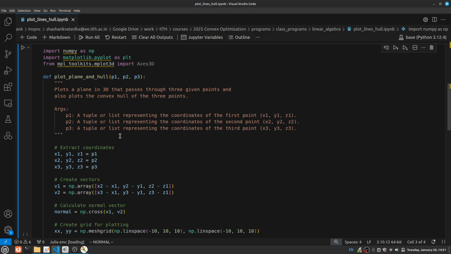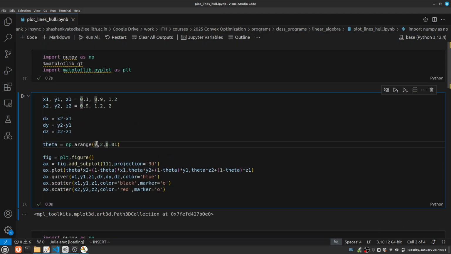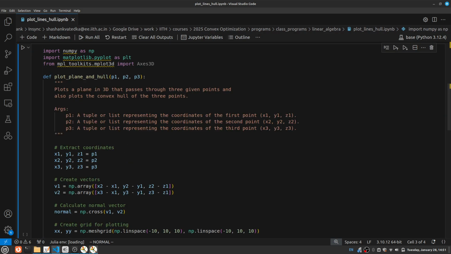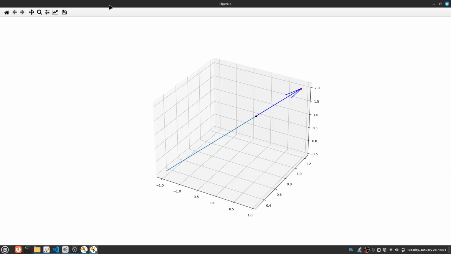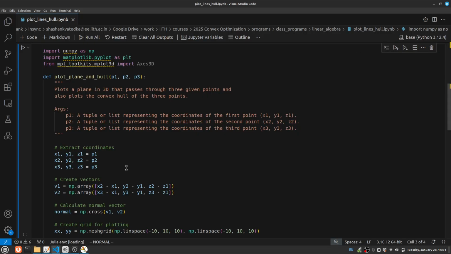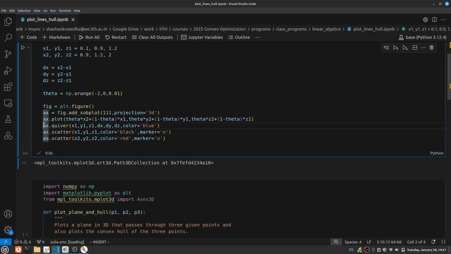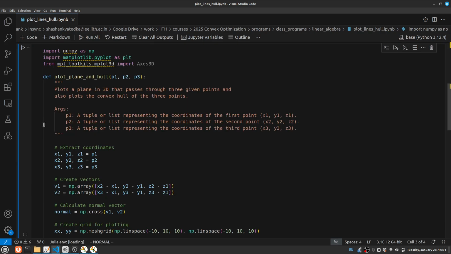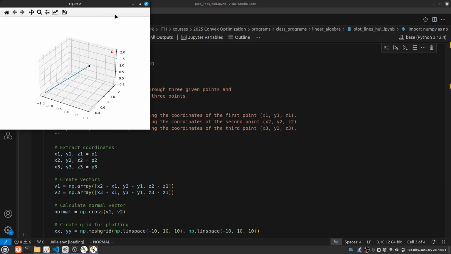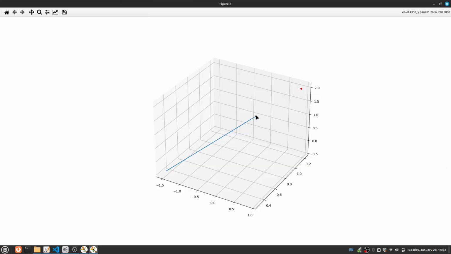Similarly, if I take only negative values of theta, let's say from -2 to 0, right? You see that it's basically a ray that goes out in the direction opposite to x2 and originates from x1.